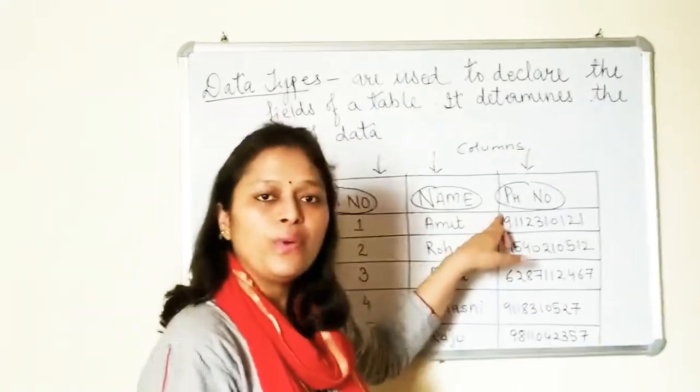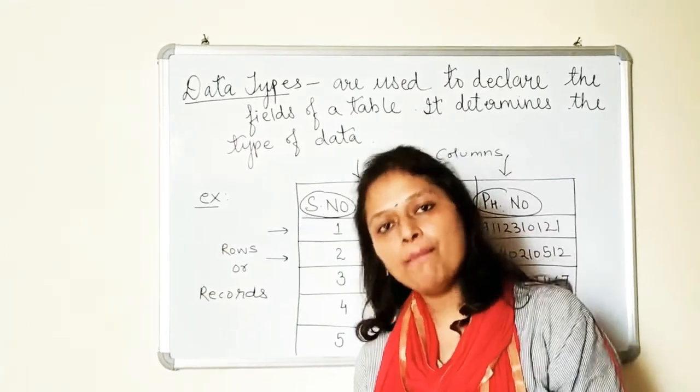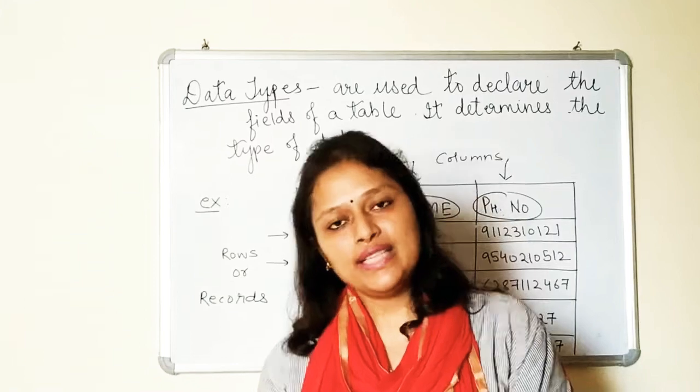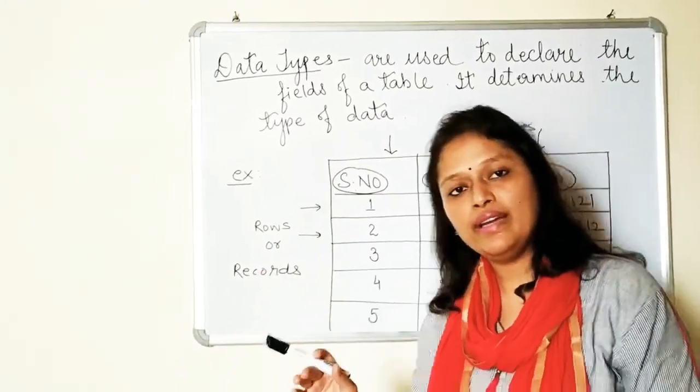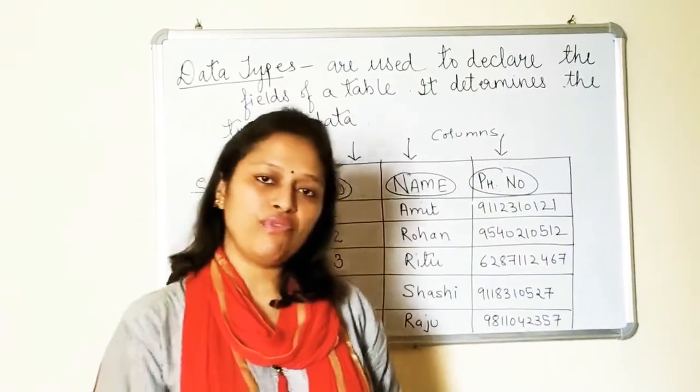Phone number, you know it has only numbers, so we can select the number data type. We will discuss all these data types in detail. For now, just keep in mind what data types are. They are used to declare the fields of a table.